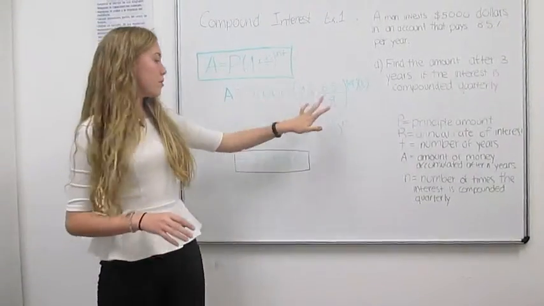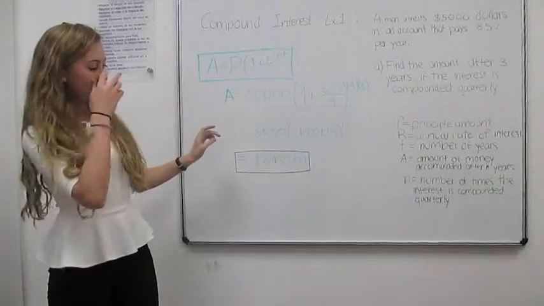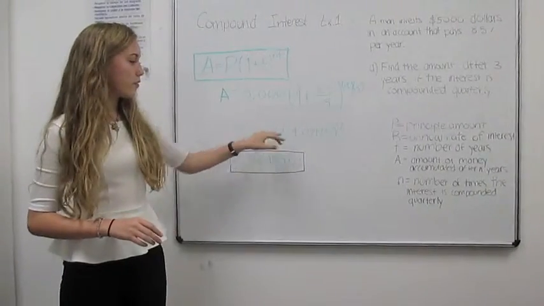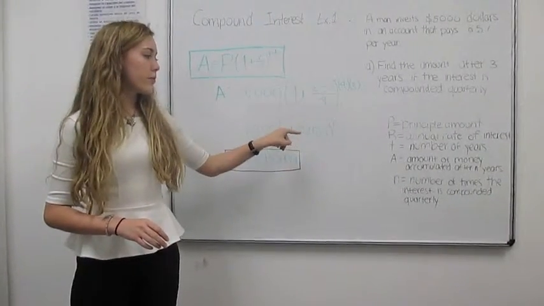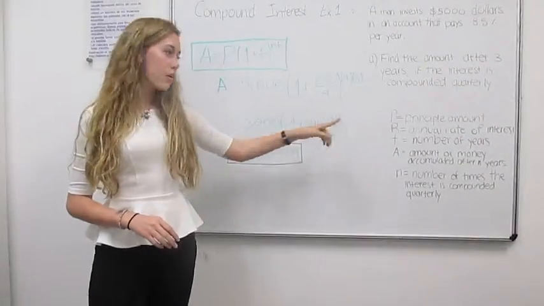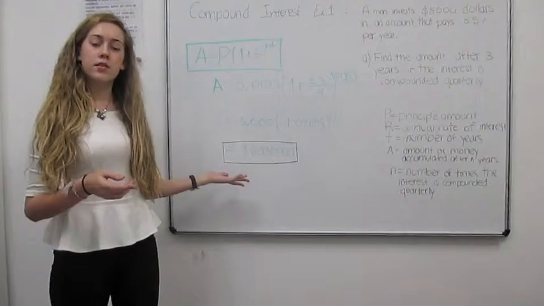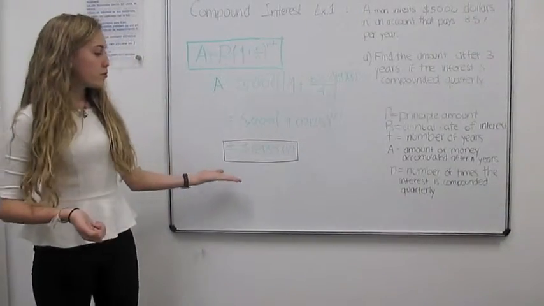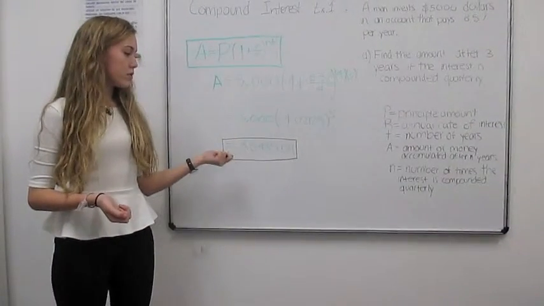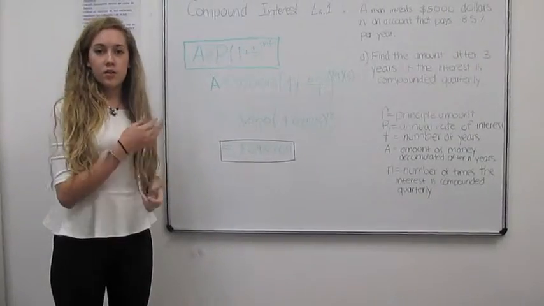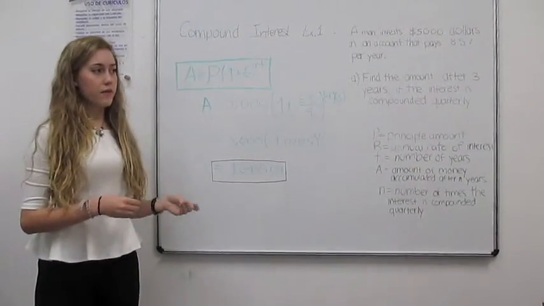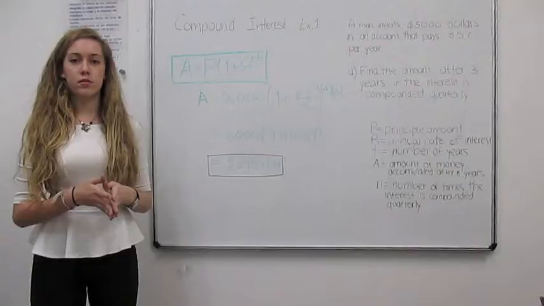So once you substitute these and you do the operation, you get 5,000 times 1.02125 to the 12th power. The amount after 3 years, if the interest is compounded quarterly, is equal to 6,435.09. So this is the money that the man will have in his bank after 3 years.